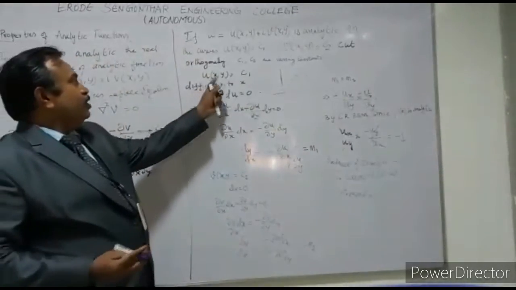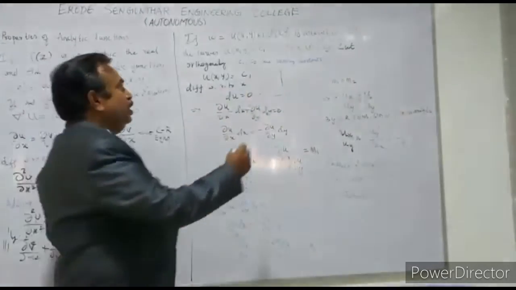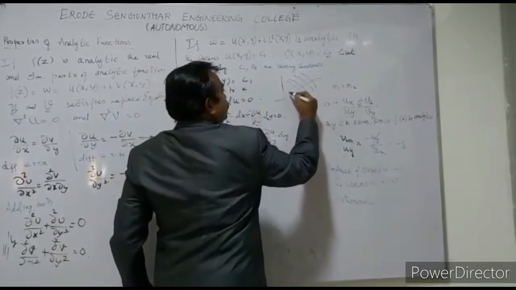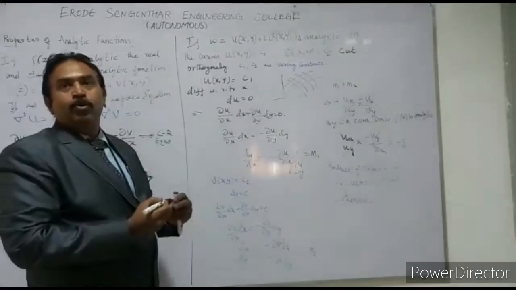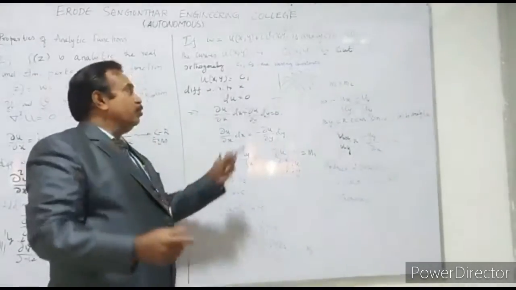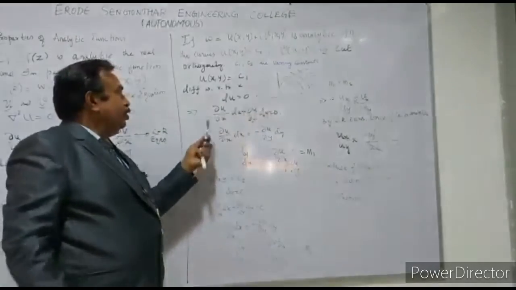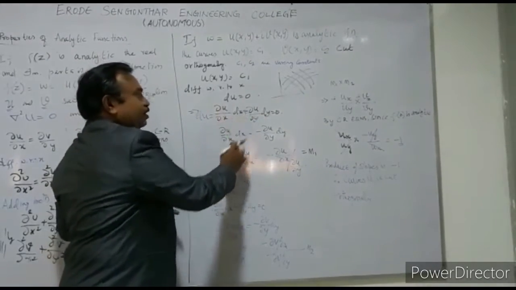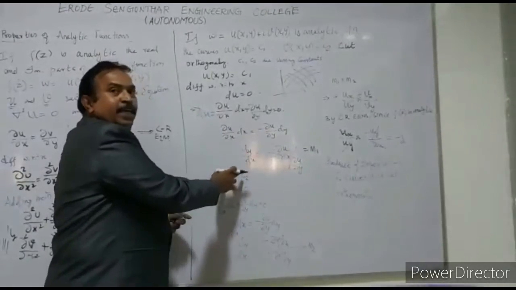So u of x comma y is equal to c1, which we are assuming is some curve, and v of x comma y is equal to c2. We differentiate. du is equal to 0 since it is a constant. The total derivative is du is equal to dou u by dou x dx plus dou u by dou y dy, and we find the slope.